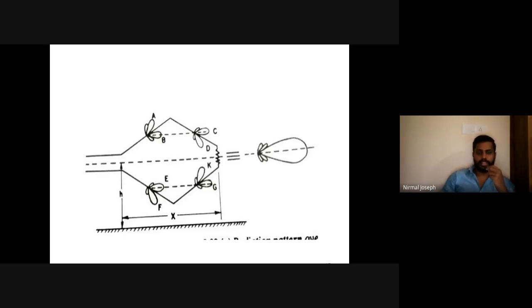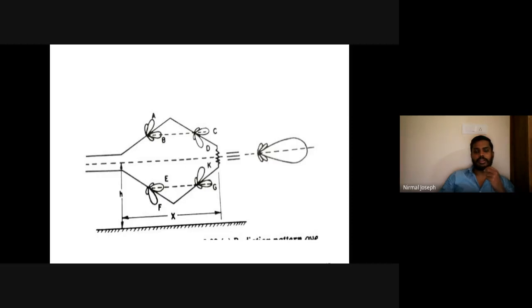Okay, so you can explain it by seeing the picture itself, or if you have understood the concept, you can draw the picture also. There is nothing much to remember. Okay, one major lobe will be there, and one considerable large side lobe will be there. Likewise, you can draw for the radiation patterns and the resultant.